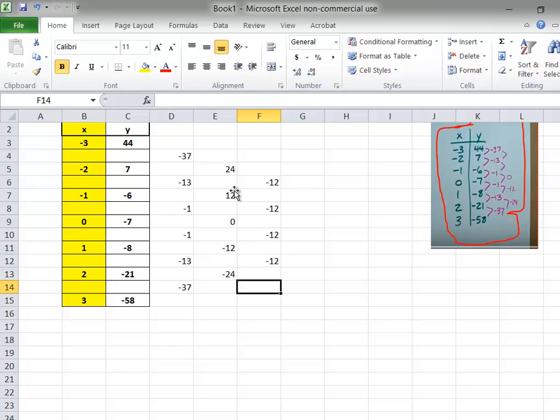Which means this one should be negative 12. And if that one's negative 12, the way you get the next one is you add these two and you get negative 12. You add these two and you get negative 24. You add these two and you get negative 36. And rather than do that math in my head, I'm just going to say equals negative 24 minus 12, which is the same as plus a negative 12.